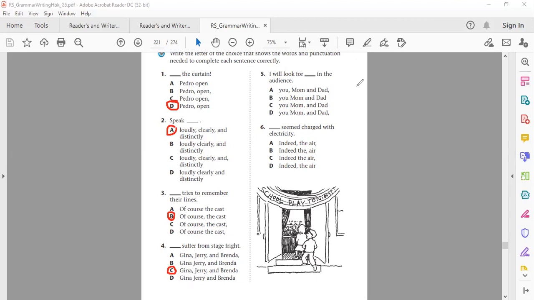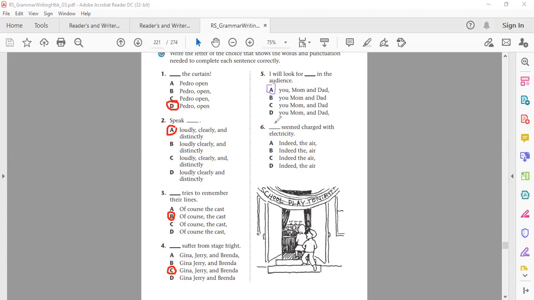No. The first one, A. You, mom, and dad, are you sure? Yes. Excellent. So why, Tayyib? Because "you" here is I'm searching for my brother or my sister, and usually mom and dad, they come together. Okay, so I will say you, mom, and dad in the audience.